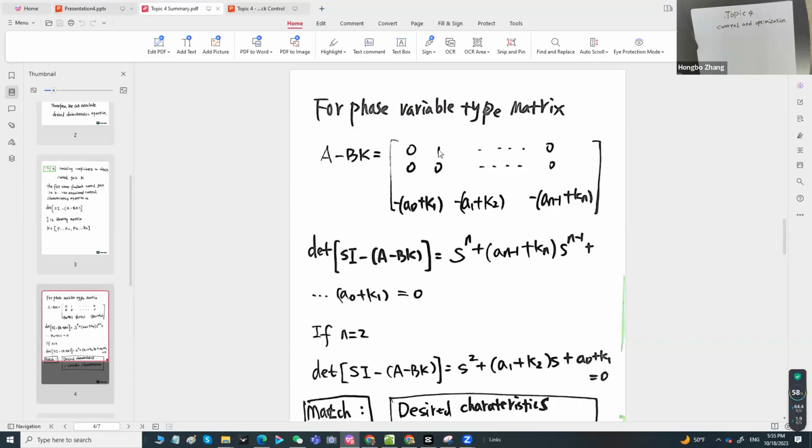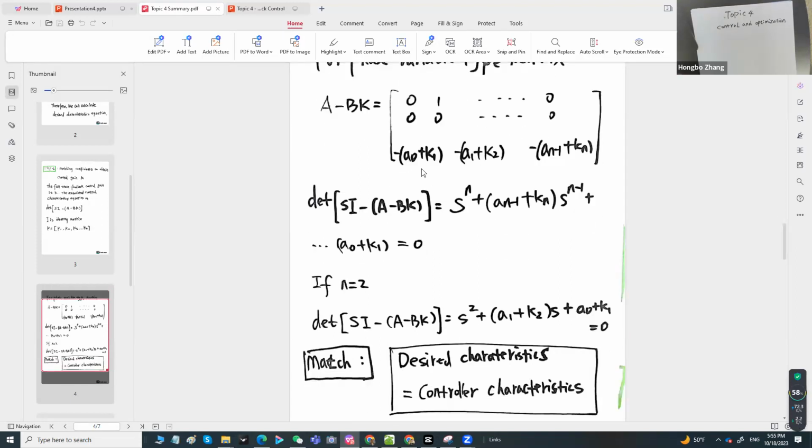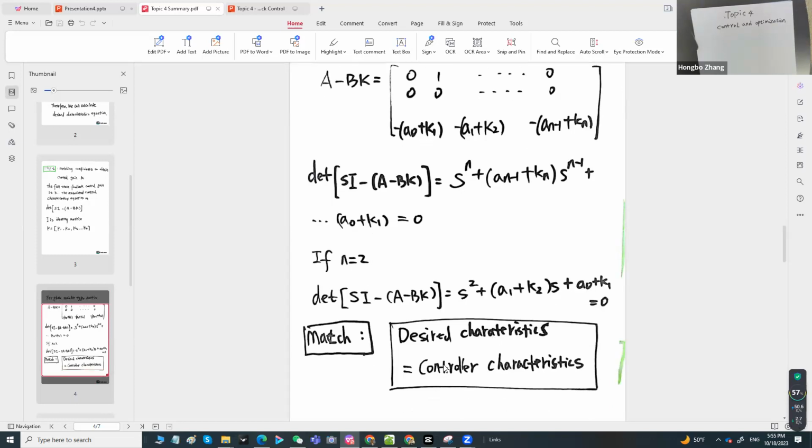This is the phase variable example, right? But for other types, you have to calculate, okay? So notice here, AN plus KN is the last column, and A0 plus K1 is the first column. You match coefficients: your desired characteristic equation matches the controller characteristic equation.